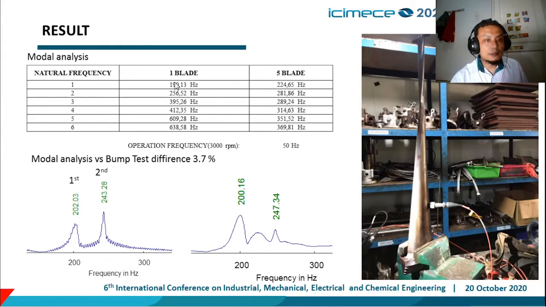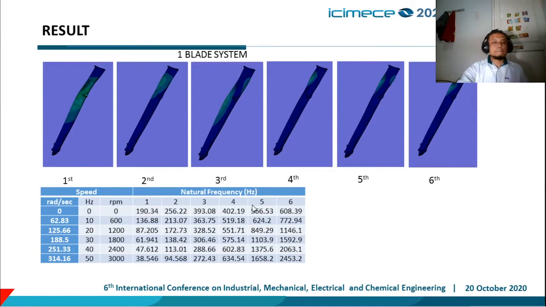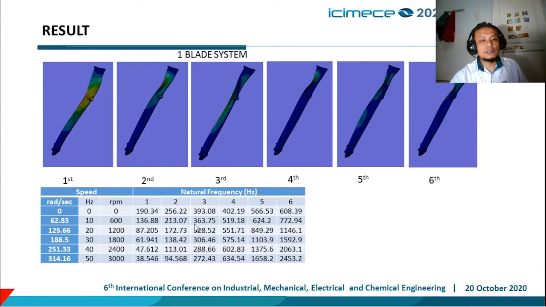For the 1 blade system, the first natural frequency is 190, while the actual measurement using CSI gives 202 and 200. This is the modal analysis result for the 1 blade system: natural frequency first, second, third, fourth, fifth, and sixth.